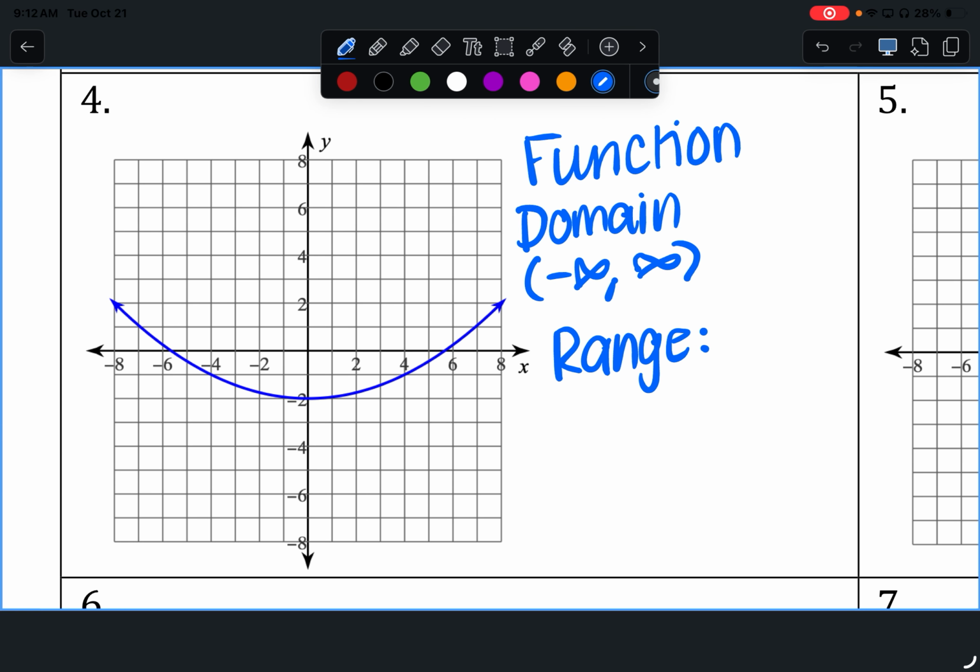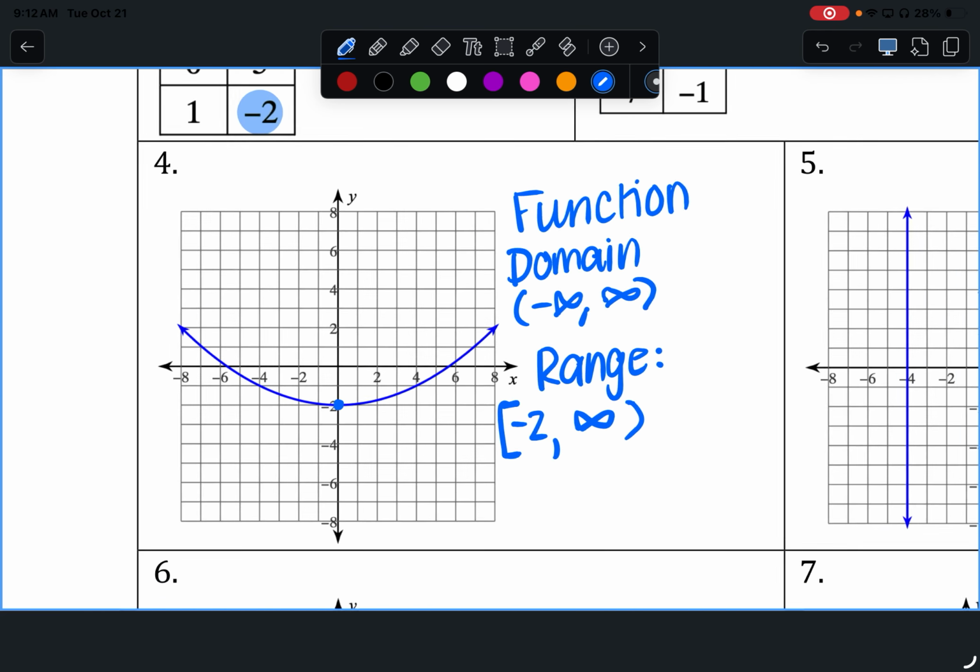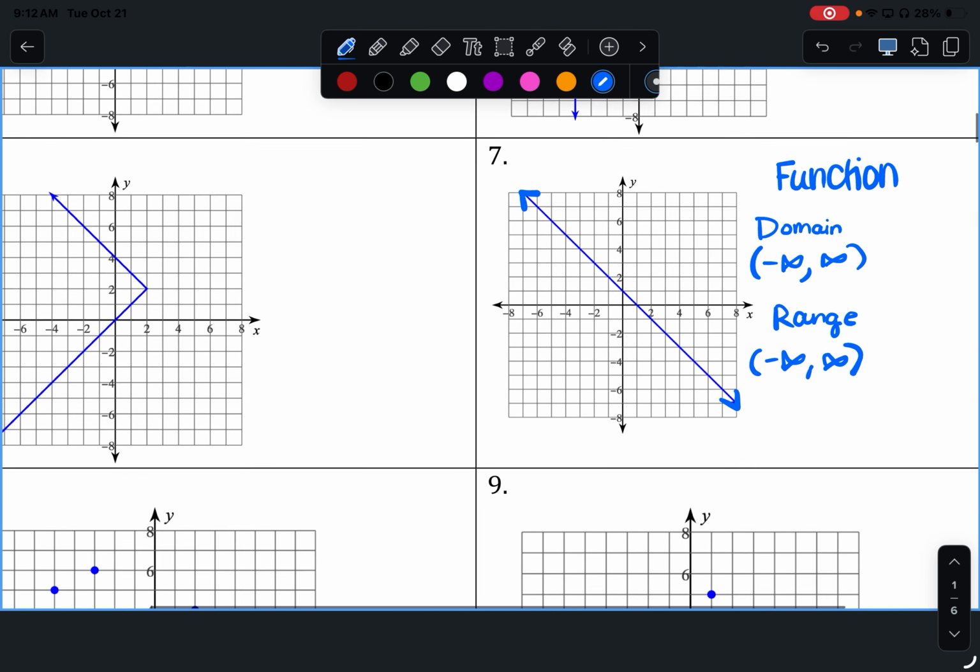What's the lowest it goes? And so if it's not open, we use a bracket. Does it ever stop going up? No, so that would be a parenthesis. Okay. It can be a combination of numbers and infinity. But I'm going to leave y'all to that.